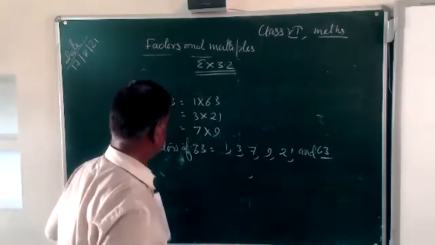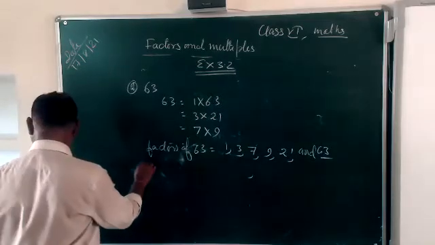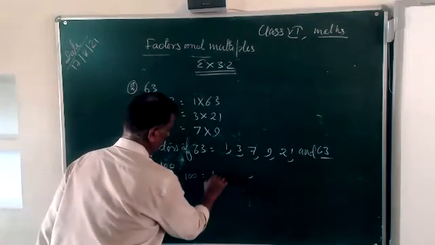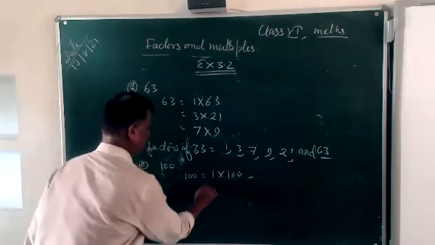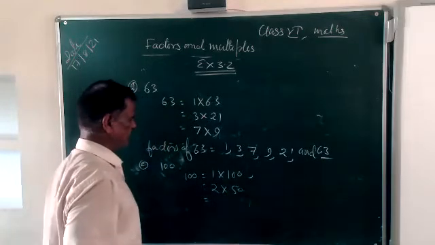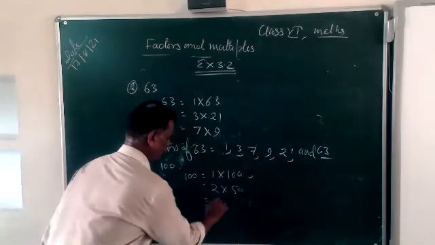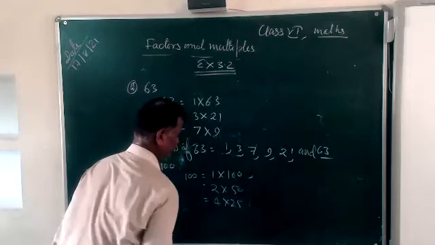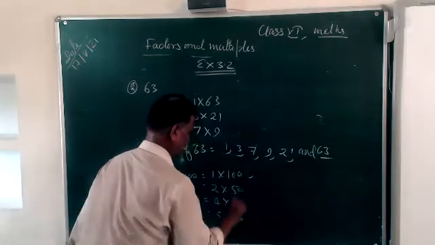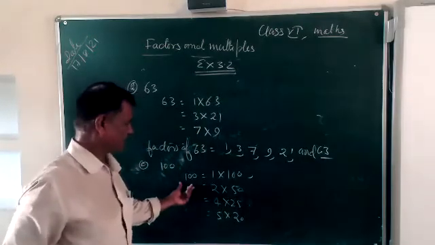Given 100. It can be written as 1 into 100, 2 into 50, 3 into something you cannot express as 100, 4 into 25, 5 into 20, 6 into something you cannot write as a product of 100.